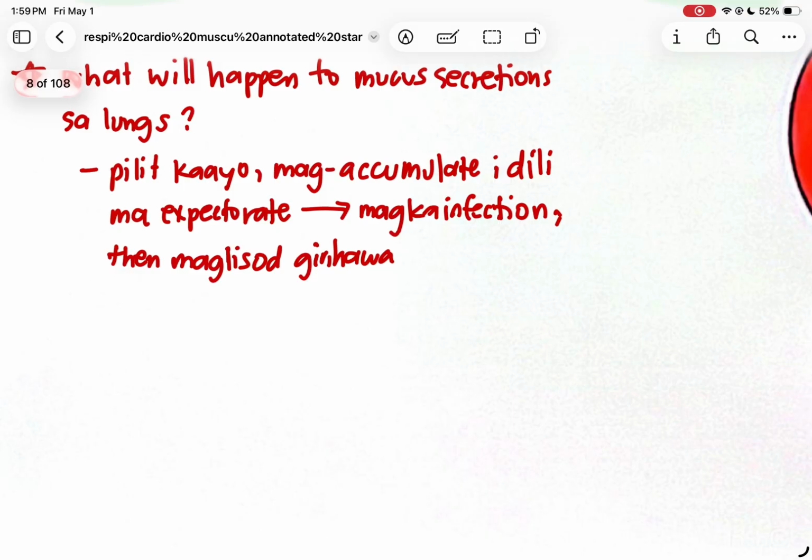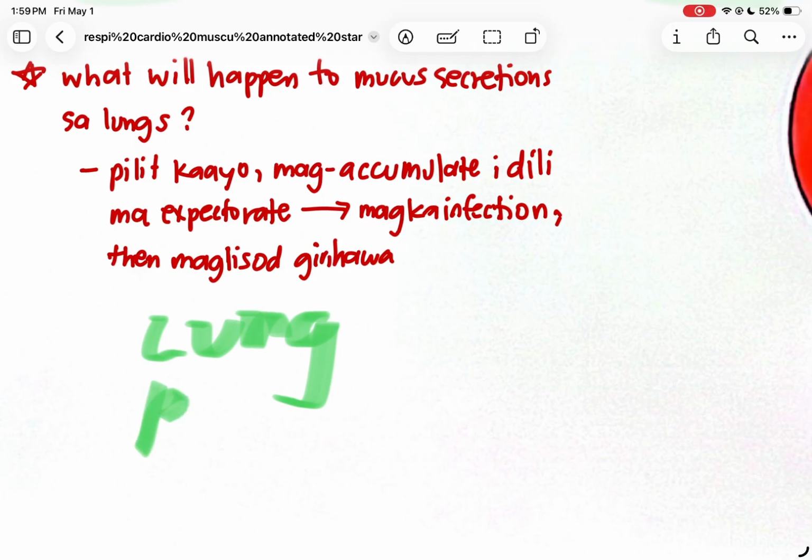The mucus is thick, tenacious, and copious, causing obstruction.